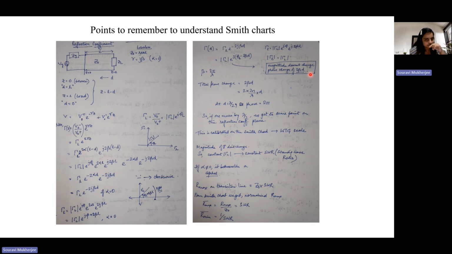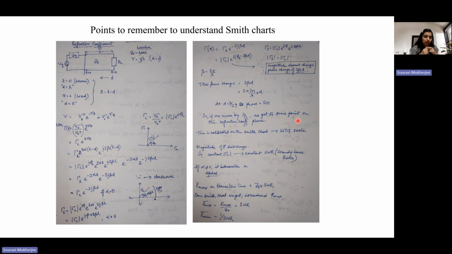So what this is telling you is that the magnitude will not change, but there will be a phase change of 2 beta d, right? What is beta? Beta can be written as 2 pi by lambda. So that means as you move away from the load, based on the wavelength of the signal, the phases will come in with d. Okay. Now, if your d is equal to lambda by 2, your phase is 2 pi. So this means that if you move by a lambda by 2 distance from the load, or any point on this transmission line, basically, we'll get the same point on the reflection coefficient plane.